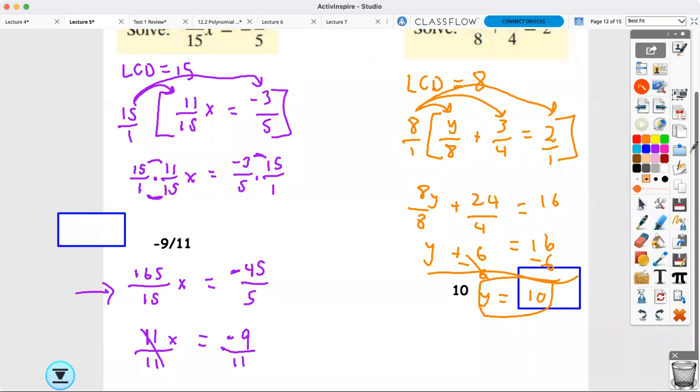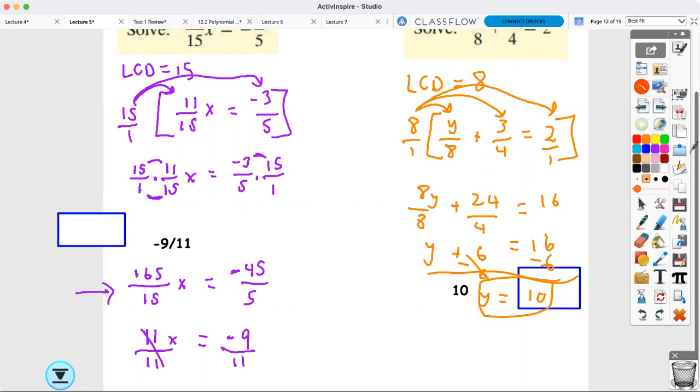I went 1 times 8, 1 times 4, 1 times 2, 8 times y, 8 times 3, 8 times 2. Wrote all my fractions out as 8y over 8 plus 24 over 4 equals 16 over 2. And then I brought it down as y plus 6 equals 8. Okay, there you go. Because doing the division, 16 and 2 gave you the 8.